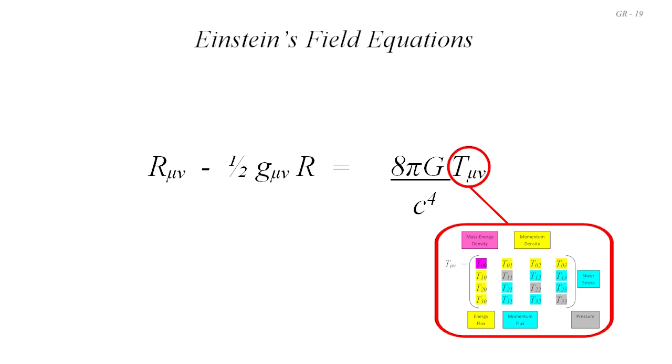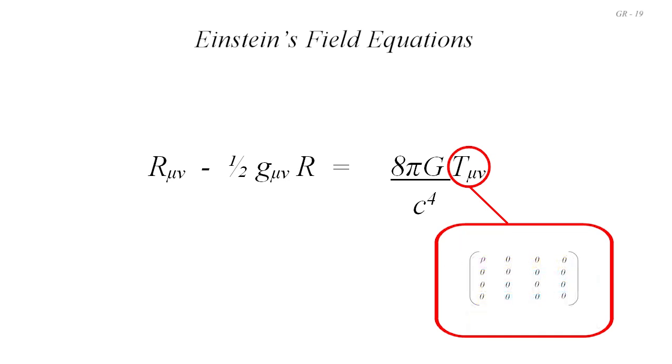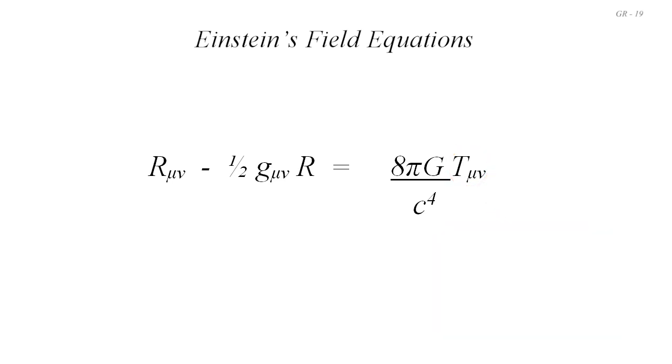However, it must be stressed that by far the greatest contribution to any curvature will usually be from the mass energy density, the component in the top left-hand corner, the T00, unless velocities are incredibly high and approaching the speed of light. We touched upon this earlier in converting mass density to energy density, which is what that T00 is.